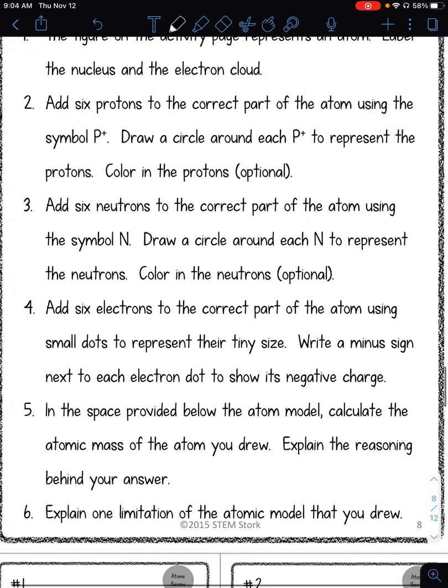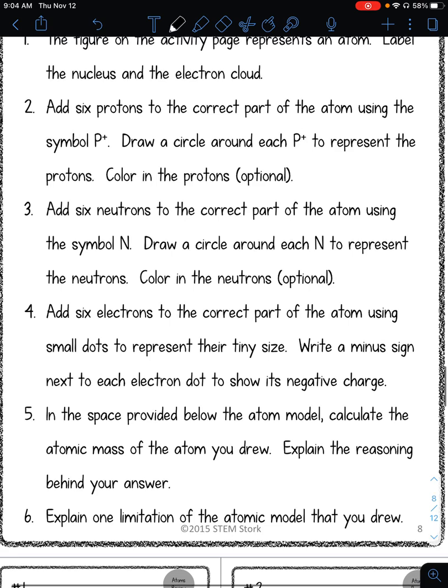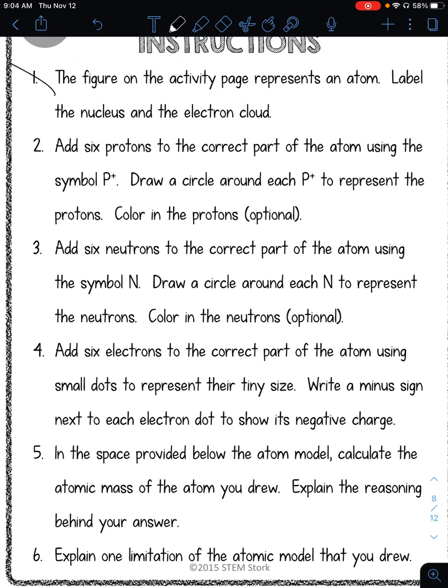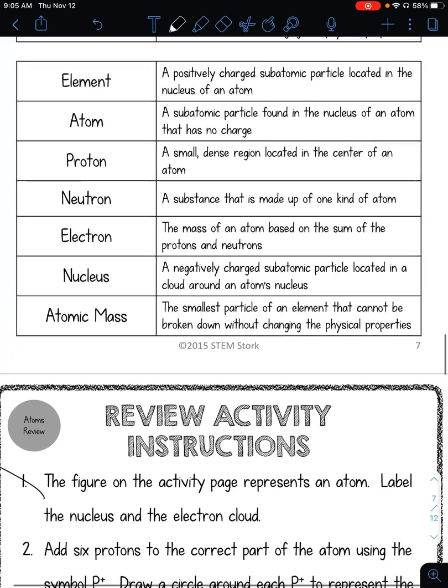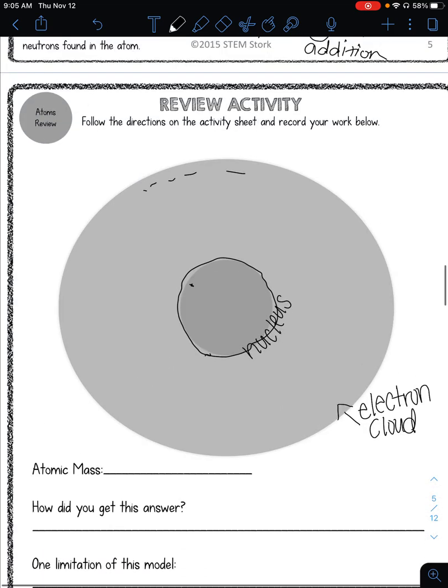Okay, next one, we did number 1, let's cross it off. Number 2, add 6 protons to the correct part of the atom using the symbol P+. Draw a circle around each P+ to represent the protons. Color in the protons, optional. We're not going to be coloring it. Where are protons in an atom?